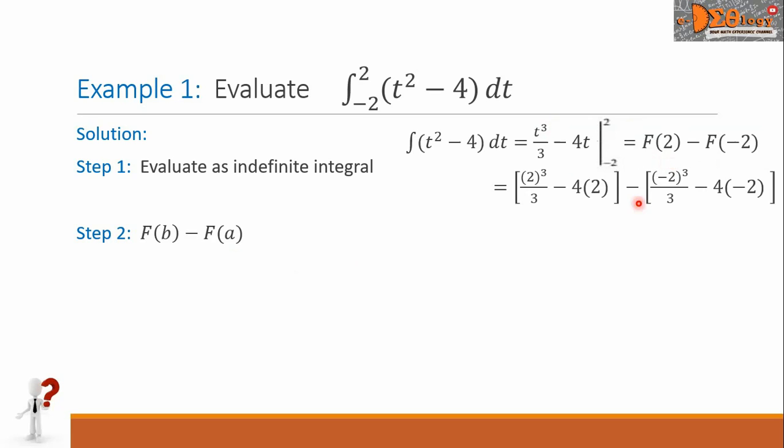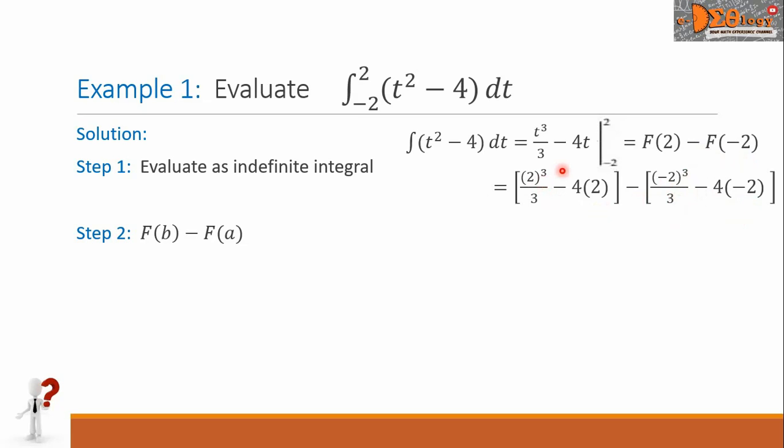So F of 2 is 2 cubed over 3 minus 4 times 2, then minus F of negative 2, which is the cube of negative 2 over 3 minus 4 times negative 2.